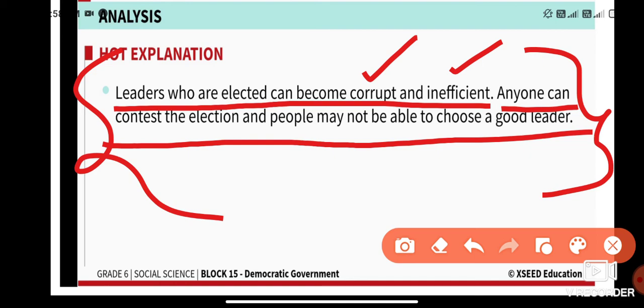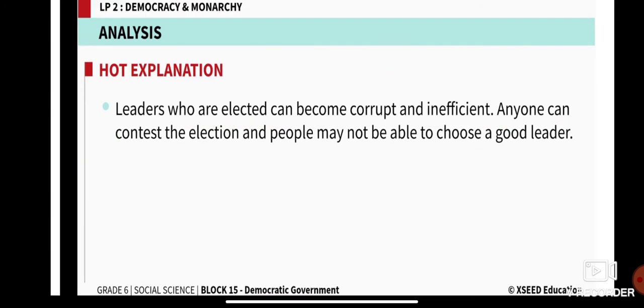Because of that, sometimes people will choose the wrong leader, not the good leader, which corrupts the people and spoils the people. Such leaders are not for the benefit of people, but they manipulate the people who elect them. So that is the disadvantage or demerit of democracy.